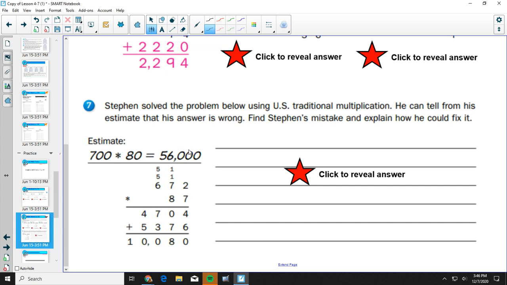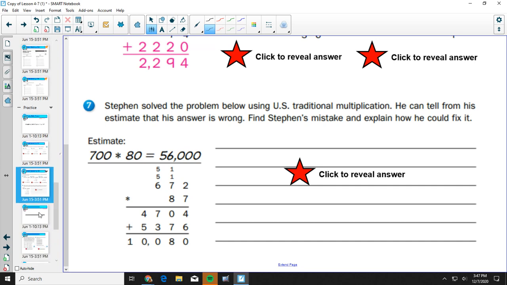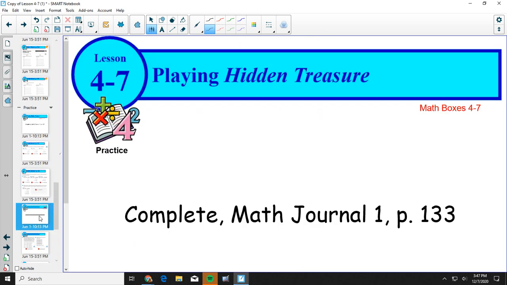So you see his estimate here. You see his multiplication. You see that he did 672 times 7 first, and this is what he got. Then he did 672 times 8, and this is what he got. And he came to a total answer of 10,080. And when he compares it to his estimate, you see that he is not close to his estimate. So what does he need to do to fix that?